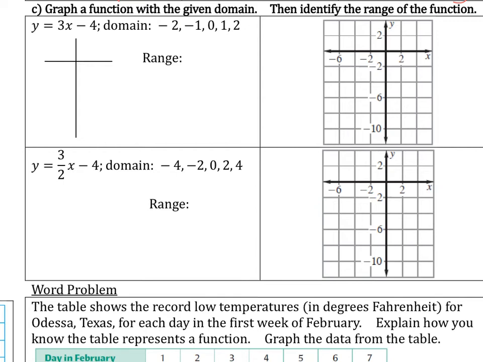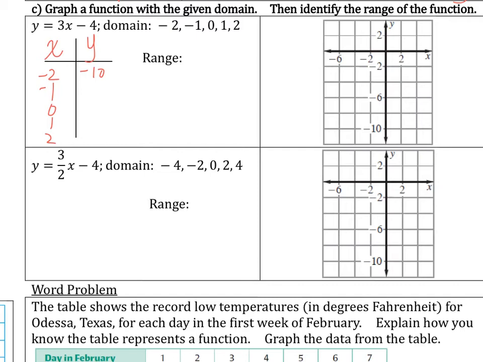Part C. Graph a function with a given domain and then identify the range of the function. Okay, so I'm going to first make a table. I'm going to list my input values for the domain. I'm going to find all my outputs. When x is -2, then y is -10.